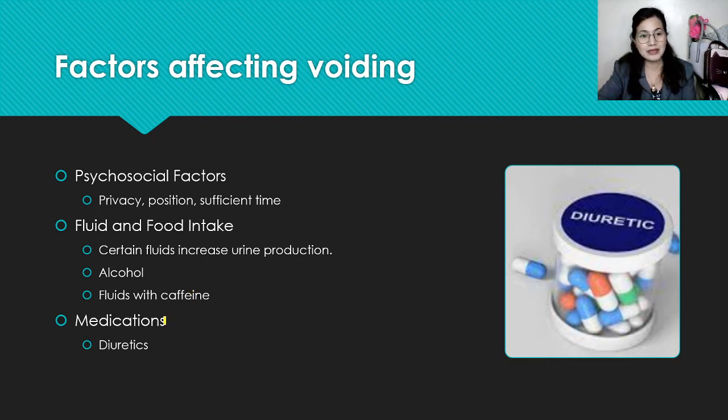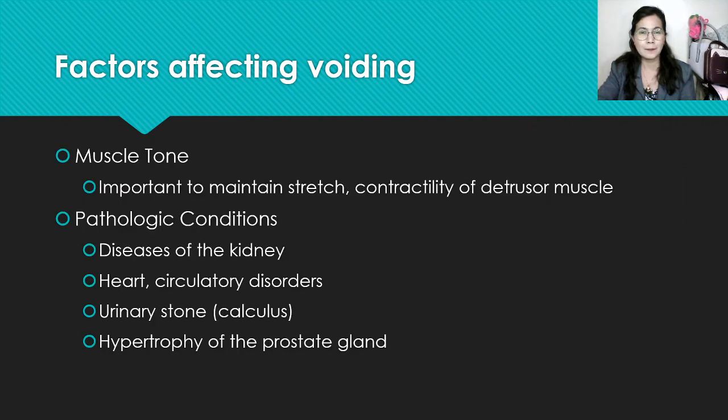And in terms of medications, diuretics, okay, take note that diuretics increase voiding or urination. So we also have to take note of the muscle tone. Okay, so it is important to maintain stretch contractility of the detrusor muscle.